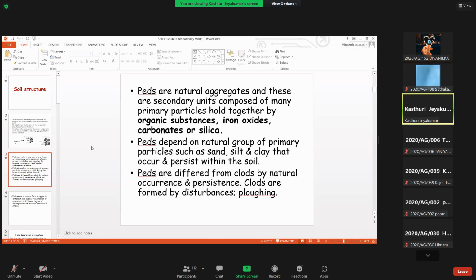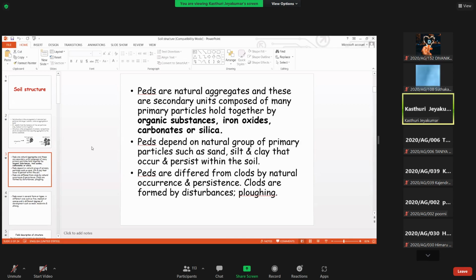Okay, so what are the primary particles? Sand, silt, clay. The components of soils are the primary particles, and peds or aggregates mean secondary particles. With the help of organic matter, iron oxide, fertilizers or other binding agents, these primary particles attach together and form a secondary unit, which means aggregates or peds.